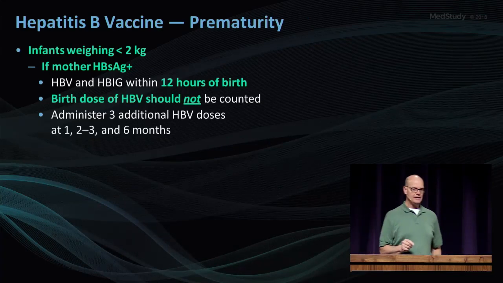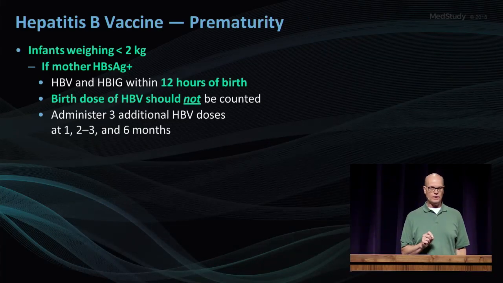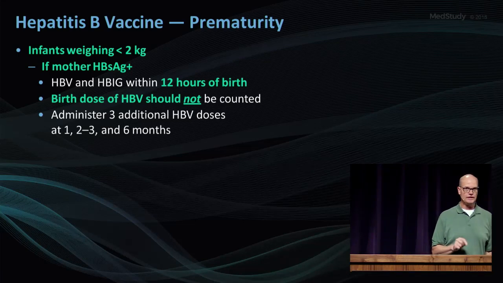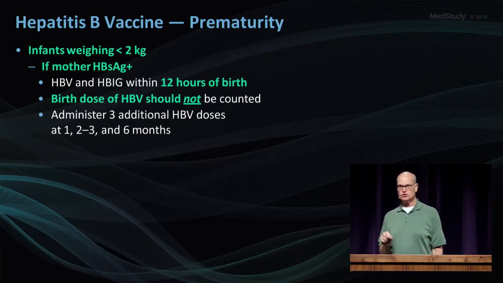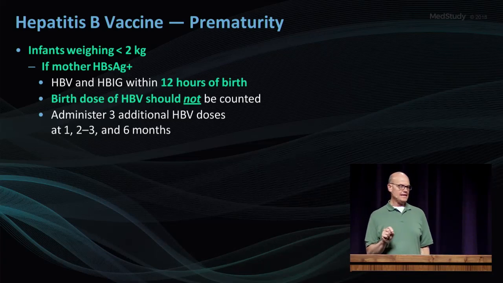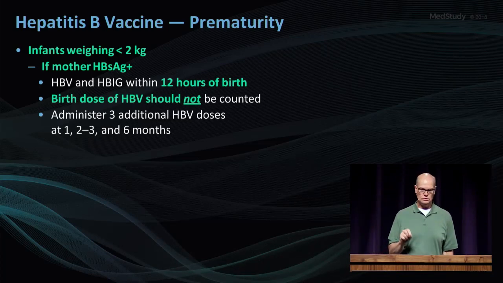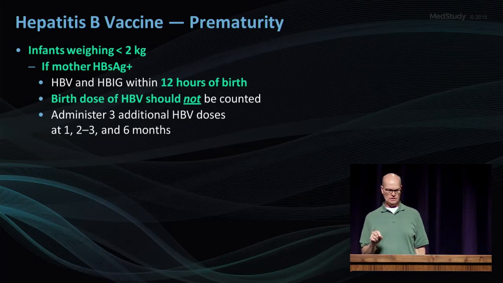Now, there's a caveat for vaccine for hepatitis B in premature infants that you need to be aware of. Infants weighing less than 2 kgs, that's the buzzword, less than 2 kgs, need to be treated differently.